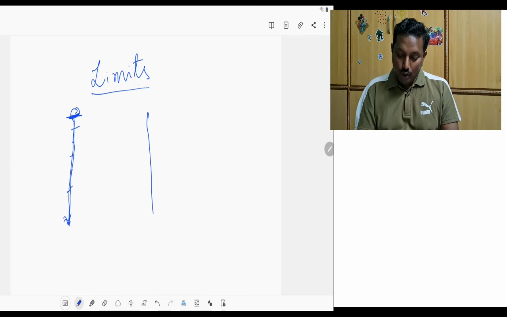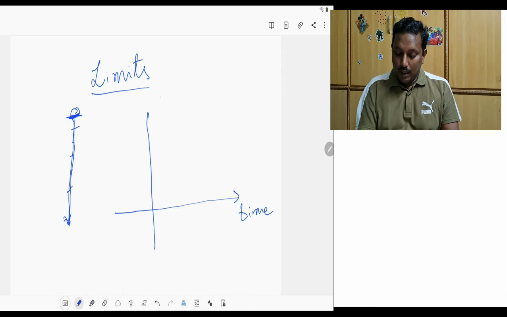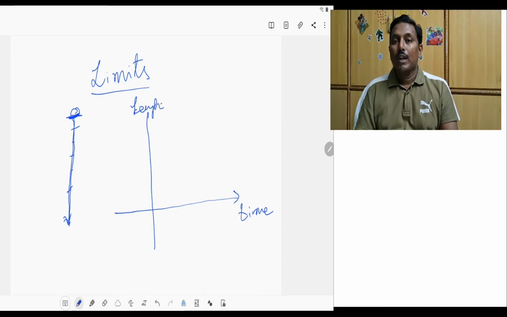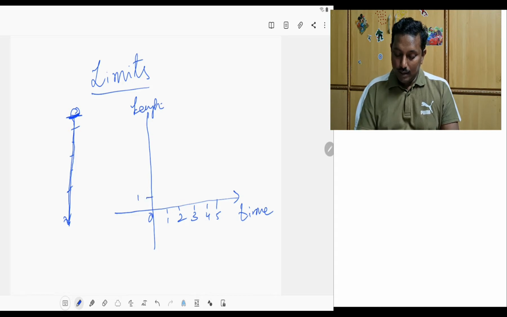Suppose we plot a graph like this, taking time on the x-axis and the length from the top of the cliff on the y-axis. At the beginning 0 seconds, 1 second, 2, 3, 4, 5 seconds, and this is 10 meters, 20, 30, 40, 50 of length from the top of the cliff.